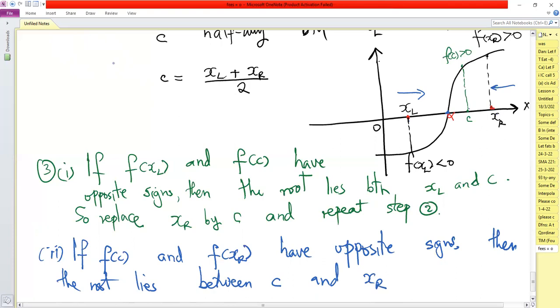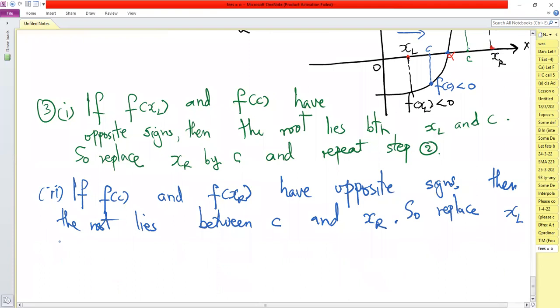Now, according to this diagram I've drawn, this is what we mean. If f of c and f of xr have opposite signs, because f of xr is already positive in this diagram, it means that c will be somewhere here, so that when I define the value of f of c, it will be negative. Therefore, we replace xl by c and repeat step 2.